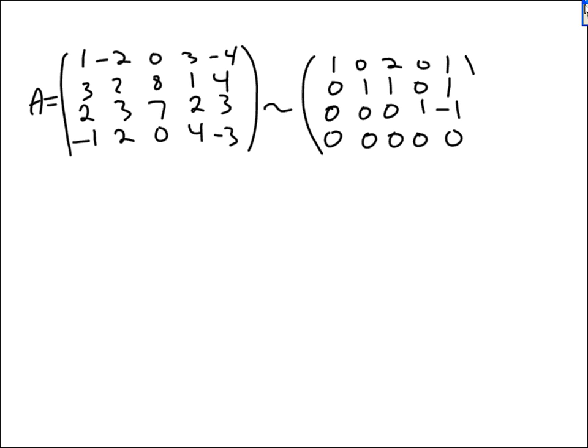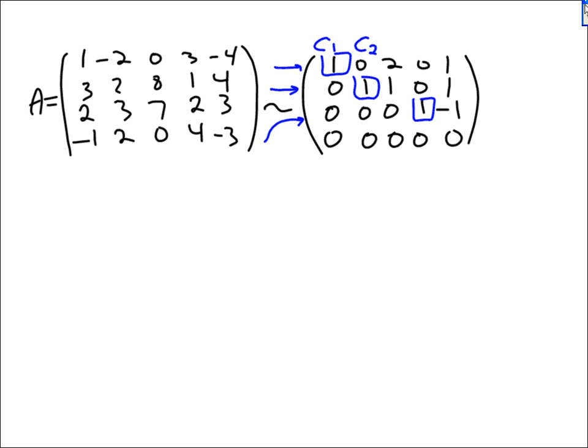Okay. Let's look at the leading ones. In row 1, that's the leading one. In row 2, that's the leading one. In row 3, that's the leading one. And row 4 had none. So column 1 had a leading one underneath it.